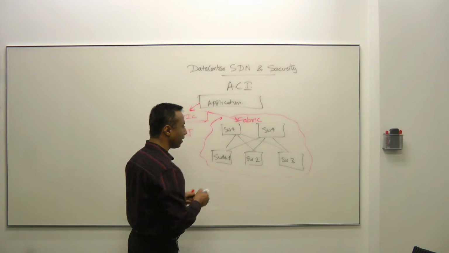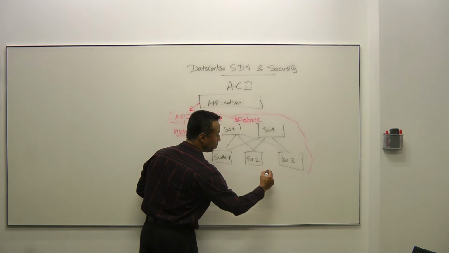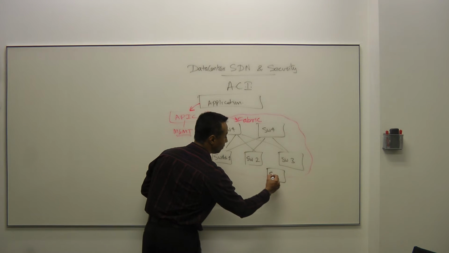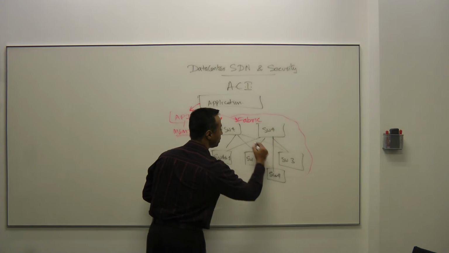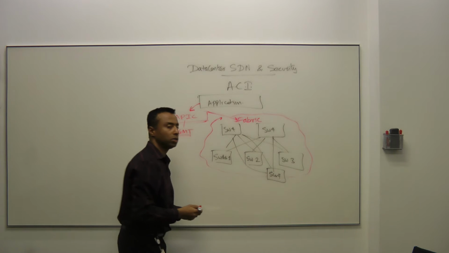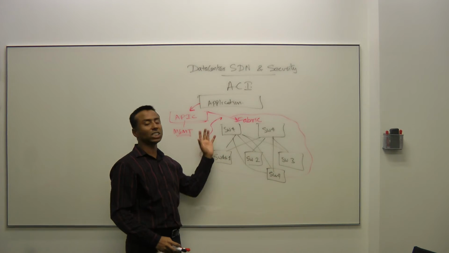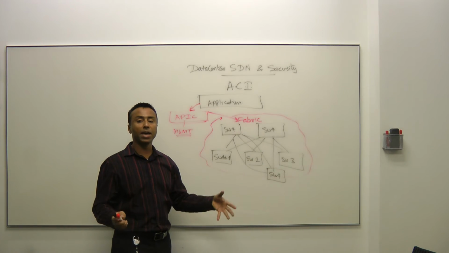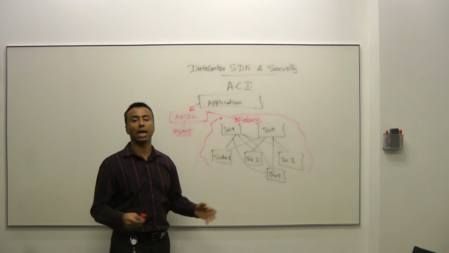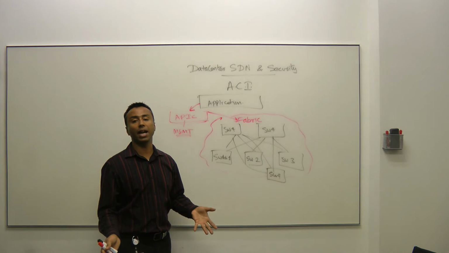Which also means that if I need to add a new switch here, I don't have to configure anything. If switch 4 comes in, all I gotta do is connect switch 4 into the network, and then it will automatically program itself. Essentially what I've created is a very big logical switch inside my network where network management is plain and simple.